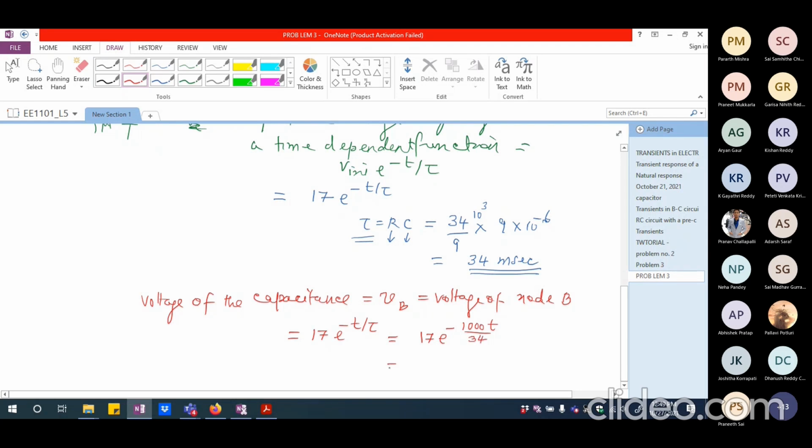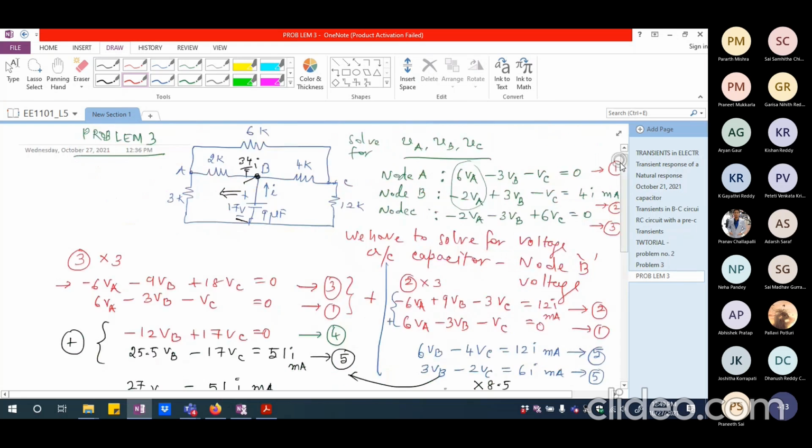And 1000 by 34 works out to something like 29.412. Please verify this. So this is going to be 29.412 times T volts. So this is the voltage of node B, which is also incidentally the voltage across the capacitance, which is decaying from 17 volts.